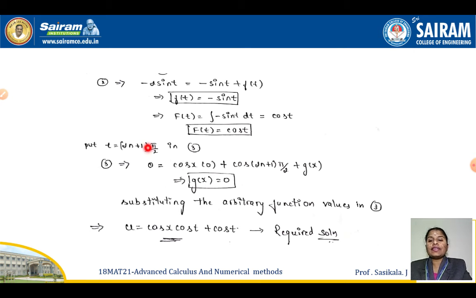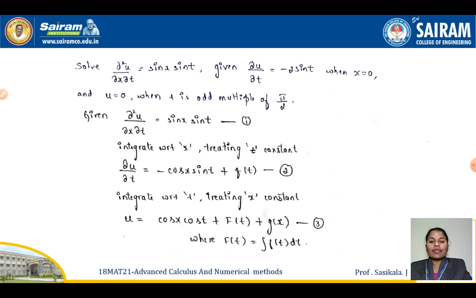So for that reason I have written 2n plus 1. Multiplying by 2 gives an even number, and adding 1 to any multiple of 2 gives an odd number, right? For that reason we have taken t equal to (2n plus 1) pi by 2 in equation number 3. Substitute in equation number 3, and what do you get?